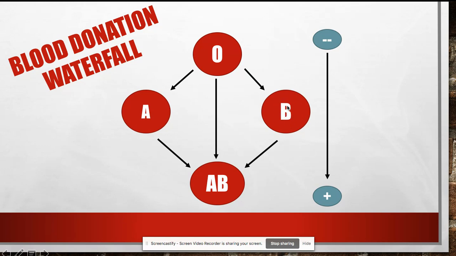So if I have B blood, it can either accept B blood or it can accept O. And if it's positive, that means that it can accept both positive or negative blood. So I can now accept B positive or negative, or O positive or negative.